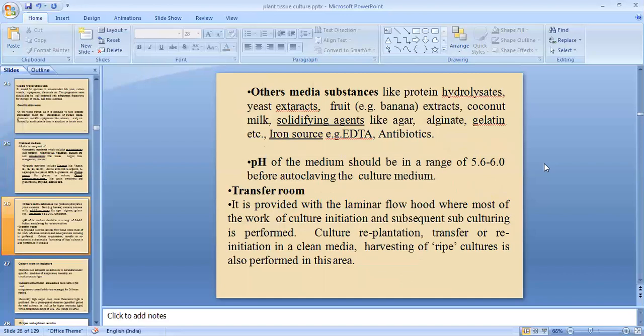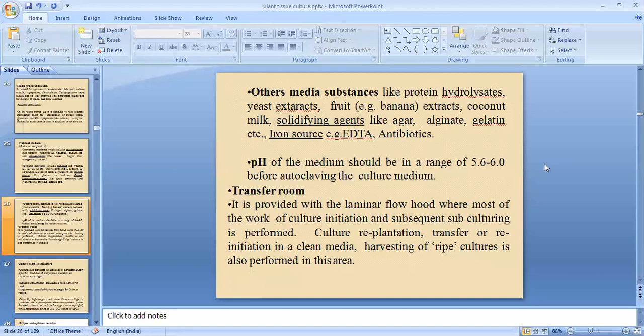And other media substances like protein hydrolysates, like yeast extract, and fruit extracts, especially the banana extract, coconut milk, and solidifying agents like agar, alginate, gelatin, etc. Usually the iron source also should be there, and also some EDTA, that is a chelating agent, and antibiotics, which prevent the growth of the microbes.